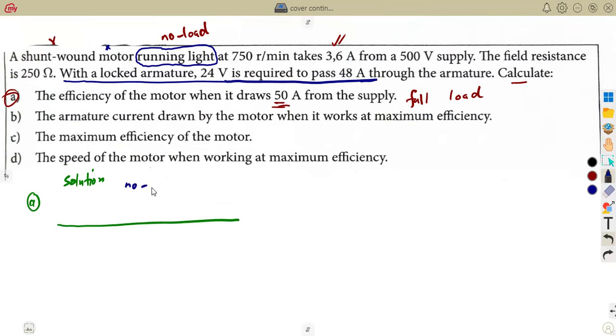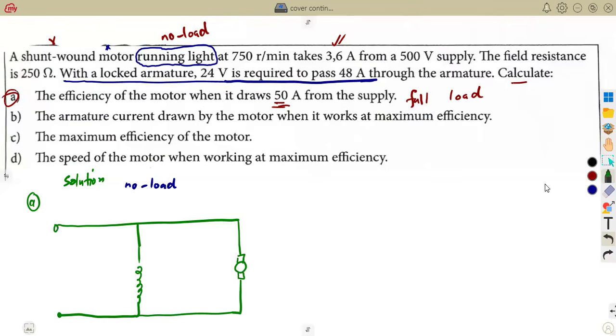We're going to have the no load condition. Okay, so at no load, this is a shunt wound motor. So remember, shunt, you're going to have the shunt field, that is the shunt field windings to the armature. All right, so these are your basic diagrams, guys.